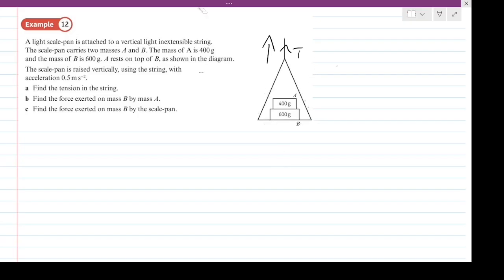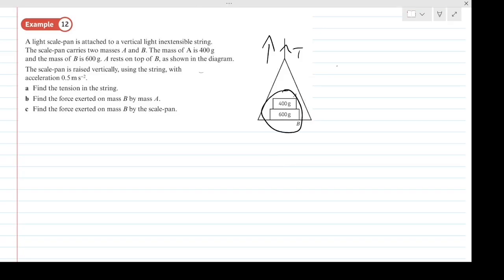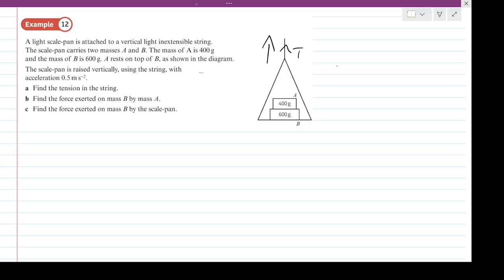And again, as we discussed, it carries two masses, A and B. The mass of A is 400 grams and the mass of B is 600. A rests on top of B, as shown in the diagram, so A is directly on top of B. So we've got two different types of objects in contact with each other.